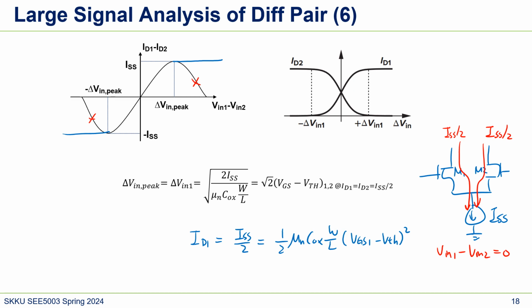So this VGS is this. It turns out to be square root 2 times the overdrive voltage at equilibrium. So our maximum input range here is square root 2 times the overdrive voltage at equilibrium.